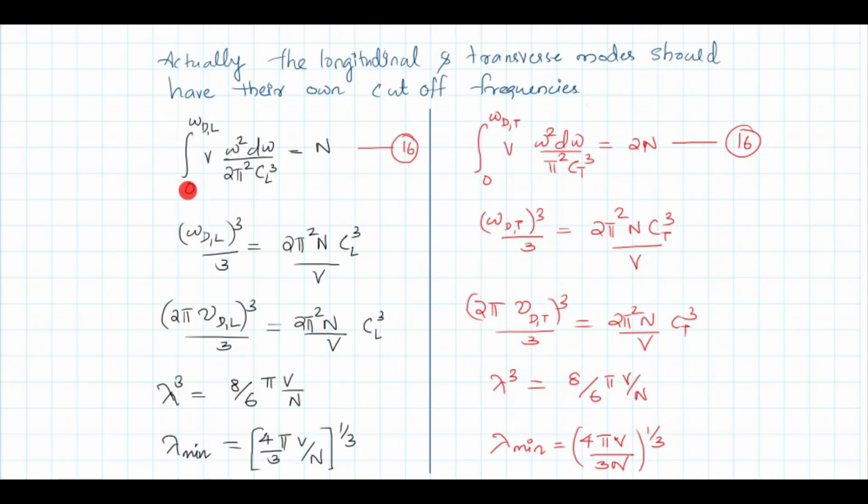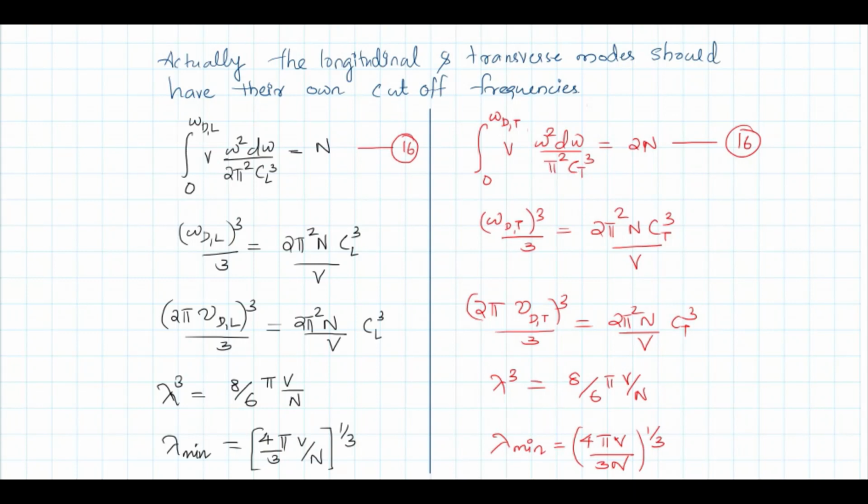So, integral 0 to ω_DL, this L denotes longitudinal cutoff frequency, ω_DL, of g(ω) dω, that is V ω² divided by 2π² C_L³ into dω, that should be equal to n. There will be n longitudinal modes, and integral 0 to ω_DT, transverse mode cutoff frequency, V ω² dω by π² C_T³.